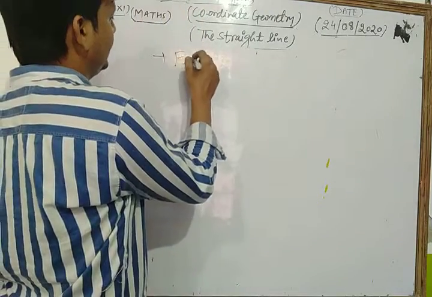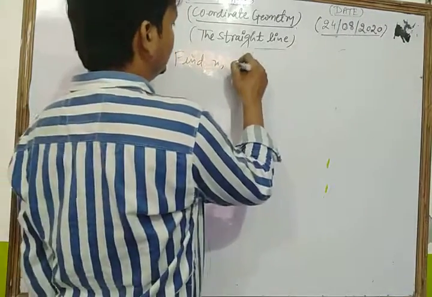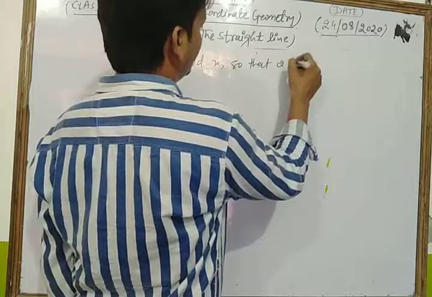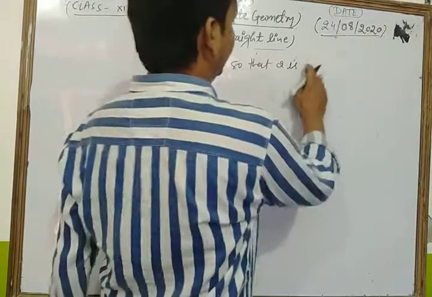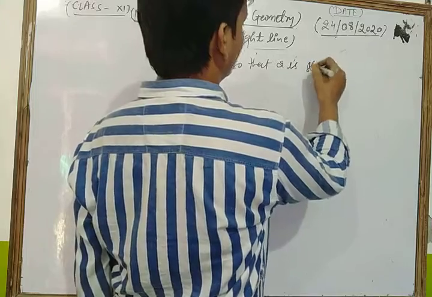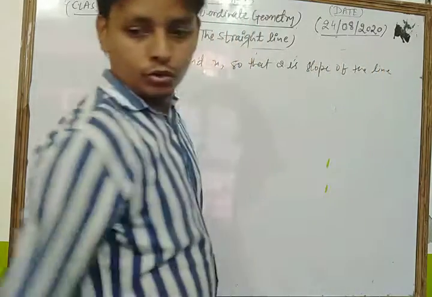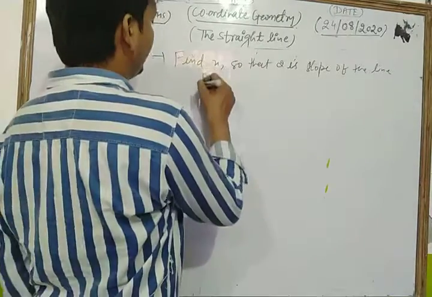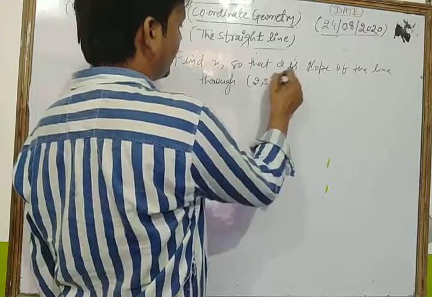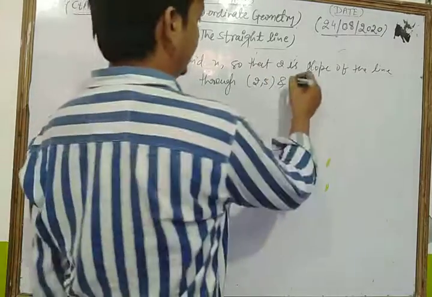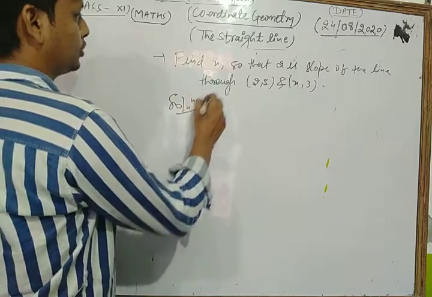Your question is: find x so that 2 is the slope of the line through (2, 5) and (x, 3).